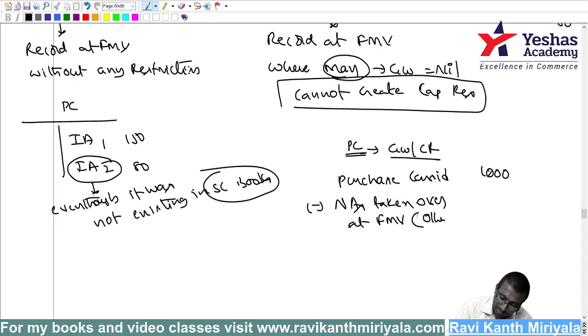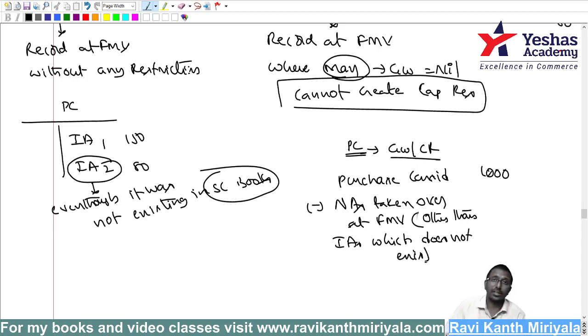This is other than intangible assets which do not exist in the selling company balance sheet. Let us say that has come to 960.